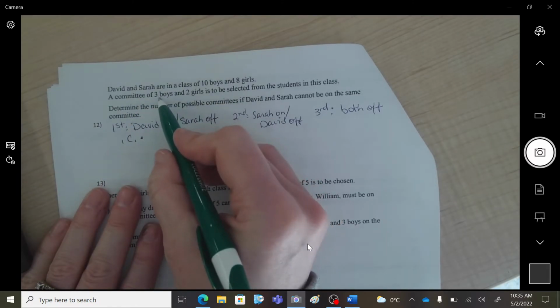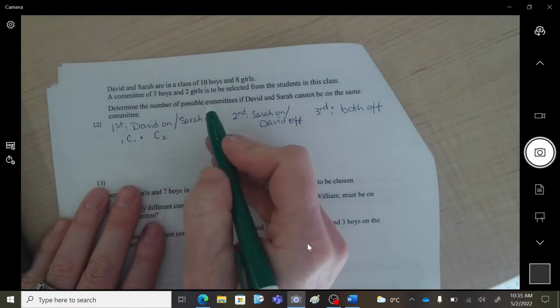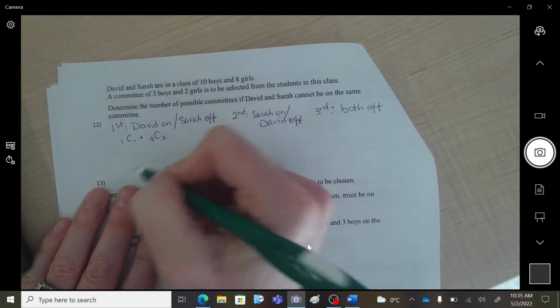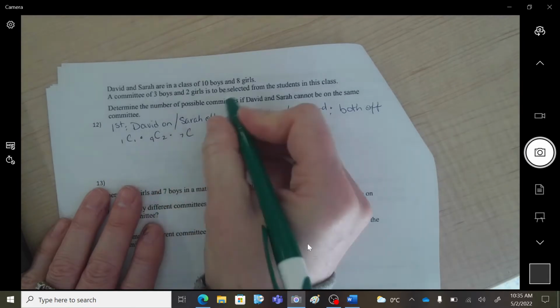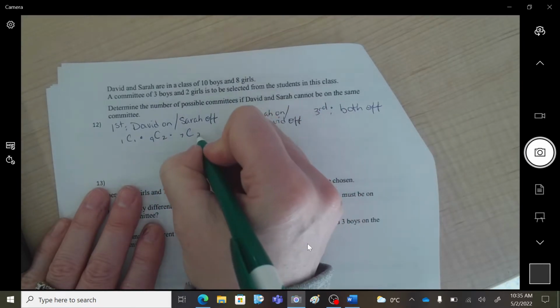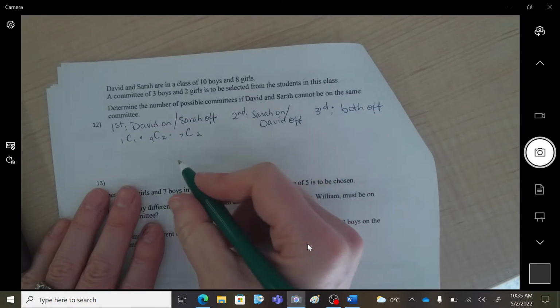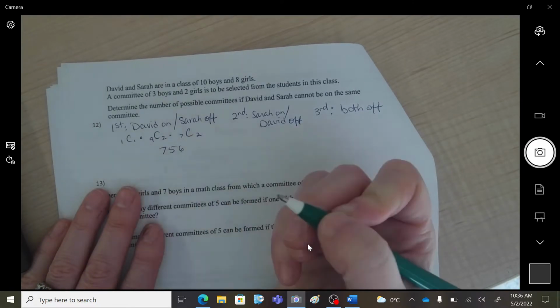Now I need 3 boys, so I need 2 more boys, and now I only have 9 left to pick from, because out of the 10, David's already gone. Sarah's off, so I only have 7 girls to pick from, and I need 2. Okay, so that one, when you multiply, makes 756.